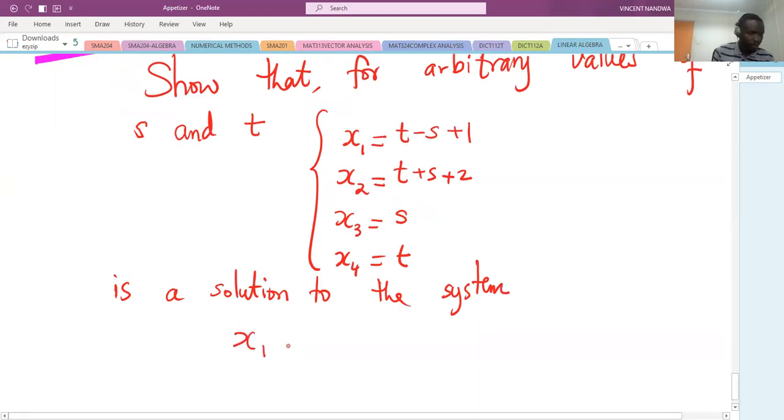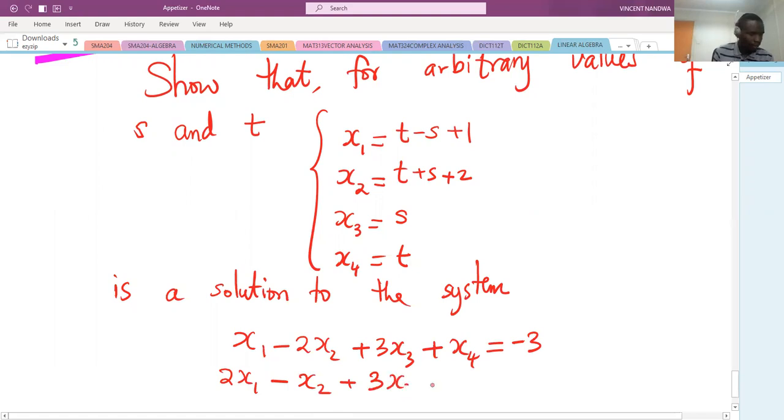x1 minus 2x2 plus 3x3 plus x4 equals minus 3, and 2x1 minus x2 plus 3x3 minus x4 gives us 0.